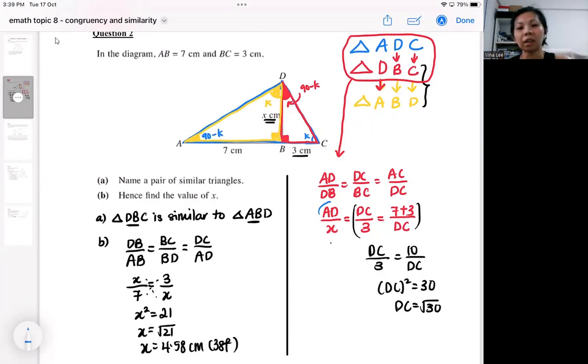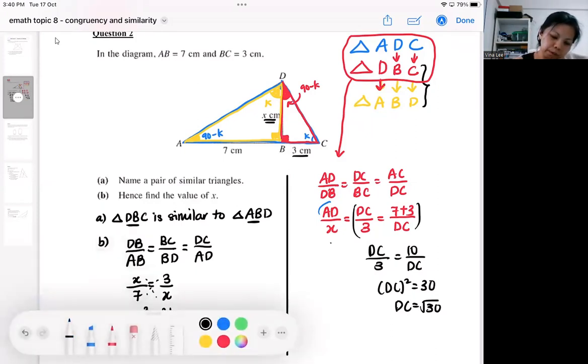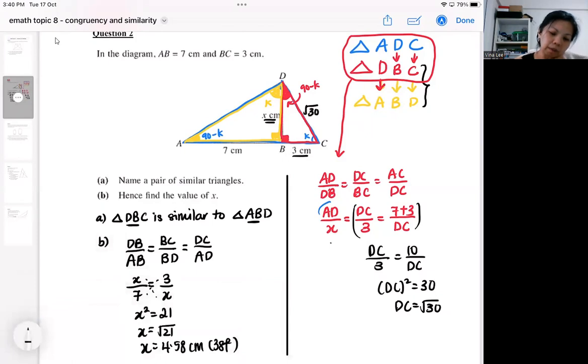Actually also cannot. You will also run into issues, even if you find DC already. Some people, after you find DC, can do a Pythagoras. That's possible. So if you found your DC, you can do a Pythagoras here to find your X.